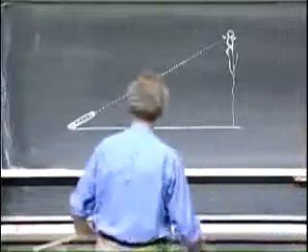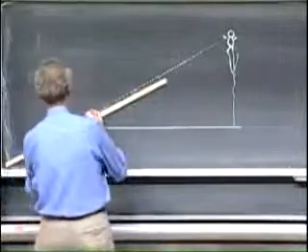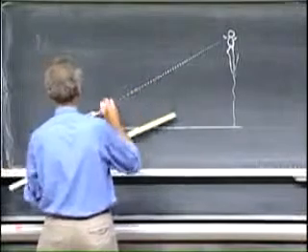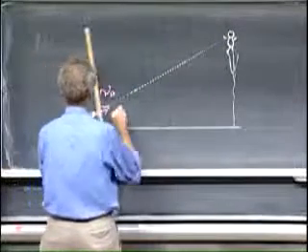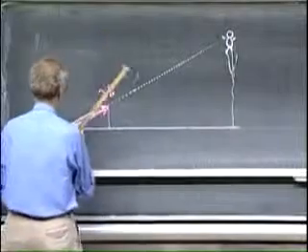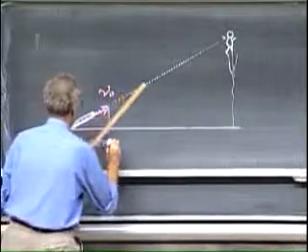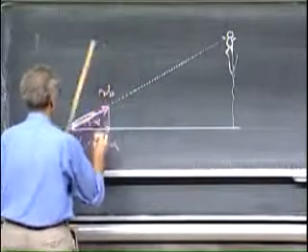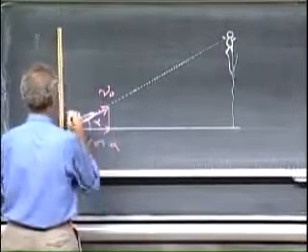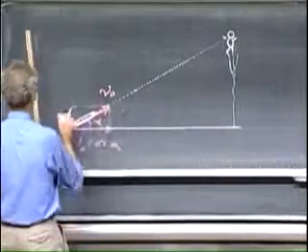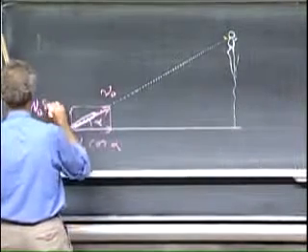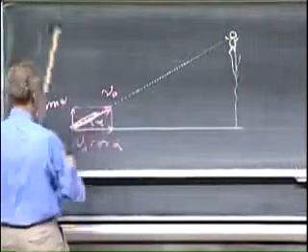He shoots it with a certain velocity, the golf ball. Let this be the speed, v0. So the horizontal component, you're going to see that again and again, v0 cosine alpha, and the vertical component equals v0 sine alpha.